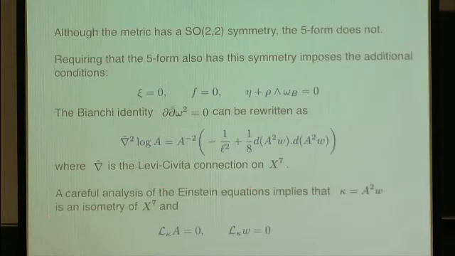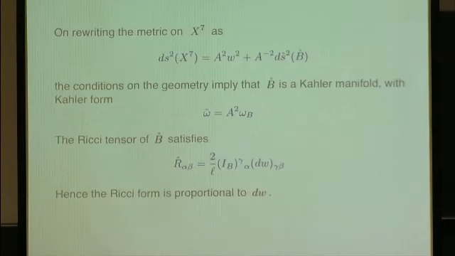If you analyze carefully the Einstein equations, one can pull out an isometry of X7, which is in the W direction. It's a squared W, and the Lie derivative of A and W with respect to this isometry vanishes.